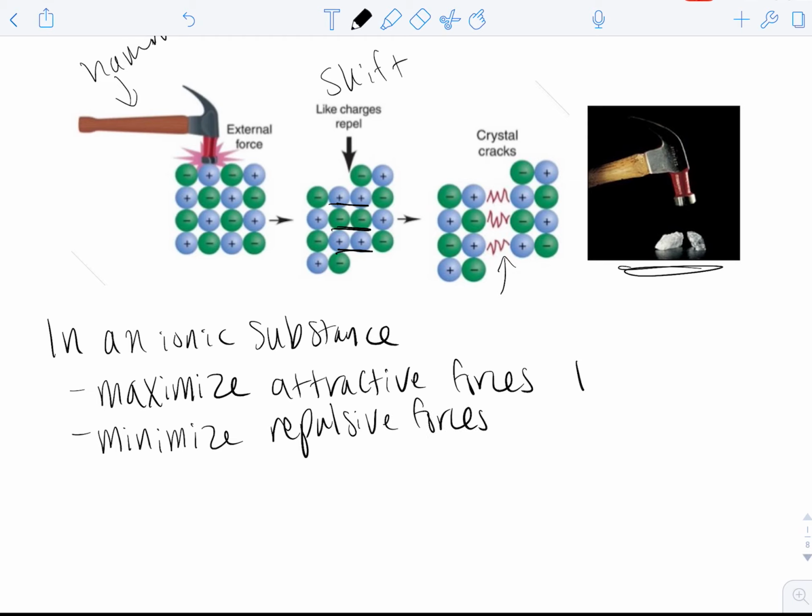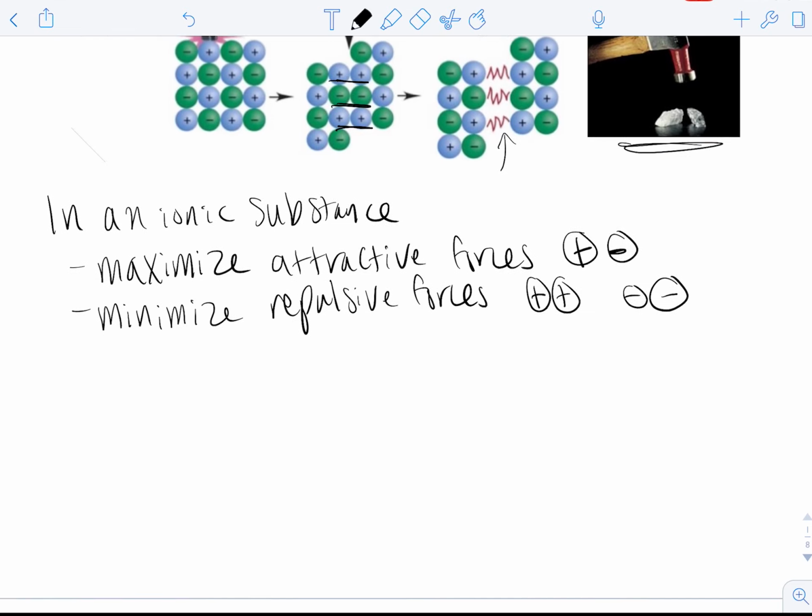So our attractive forces, positive and negative together, repulsive, positive, positive, or negative, negative. So we want to try and minimize positive and positive together, negative and negative together, but we want to get as much positive and negative close to each other as possible.